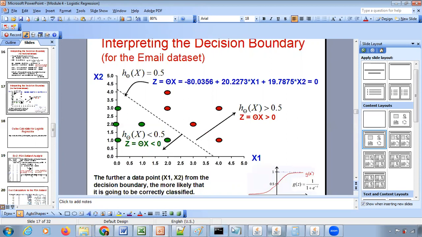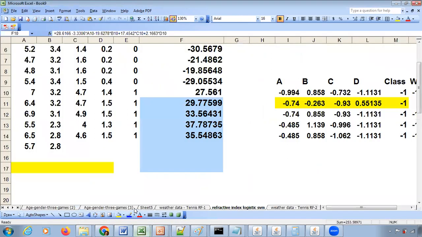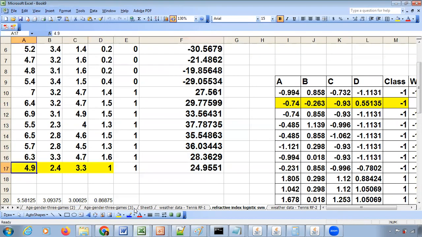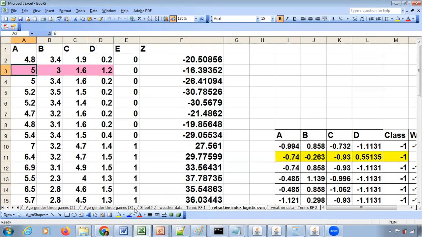So using the theta x value, we can find out which data points in each class are closer to the decision boundary. From that perspective, this data point is closer to the decision boundary in class 1, and this data point is closer to the decision boundary in class -1, which is class 0 in logistic regression.